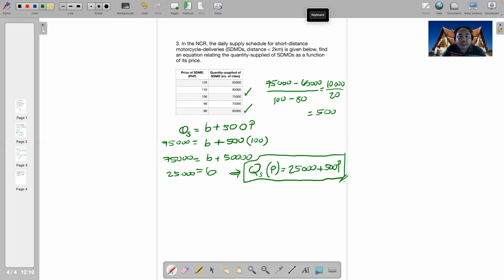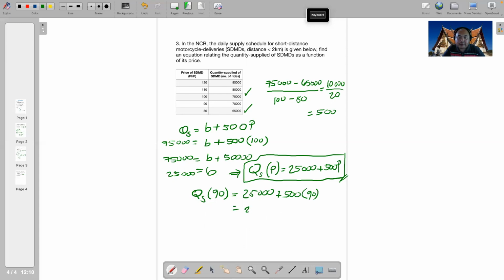Of course, if you want to check, let's use 90. What is quantity supplied when price is 90? That's 25,000 plus 500 times 90.